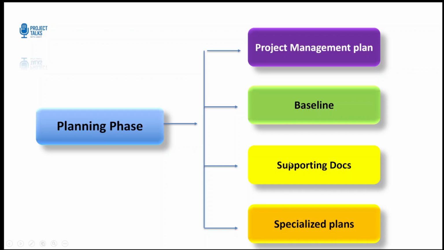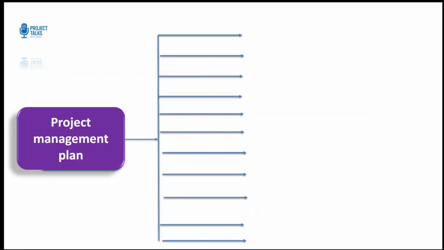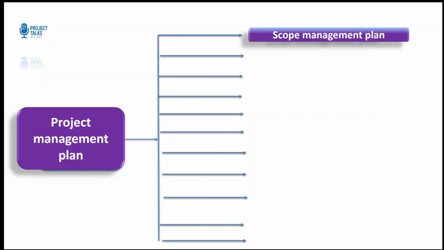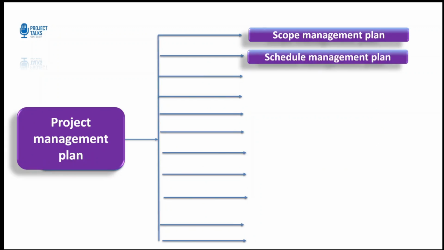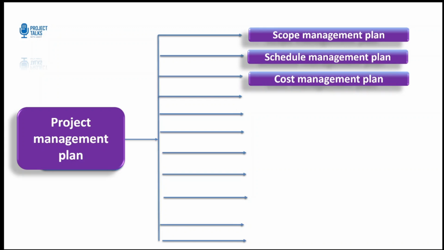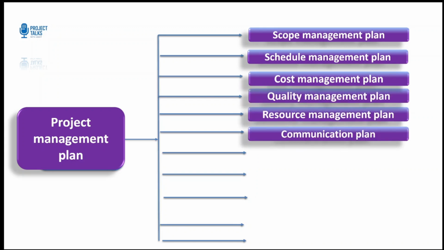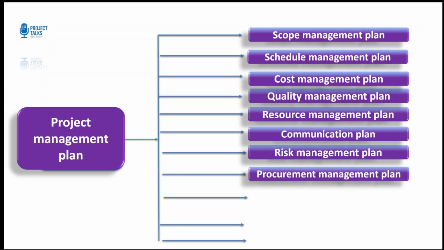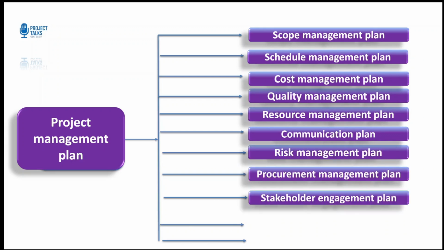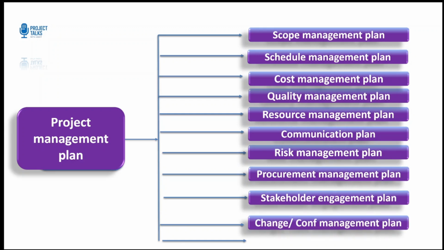Now, further, the project management plan is also divided into 11 parts: the scope management plan, schedule management plan, cost management plan, quality management, resource management, communication, risk management, procurement management, stakeholder engagement, change or configuration management, and integration management plan.